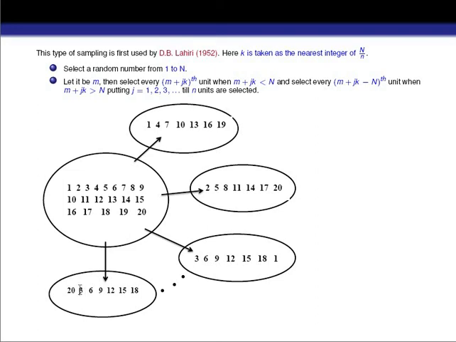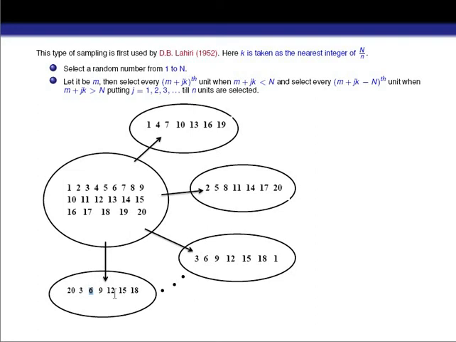Now this m plus jk is less than N, so we add our sampling interval to it and get 6, which is not greater than 20, and we continue the process until we get a sample of size 7.